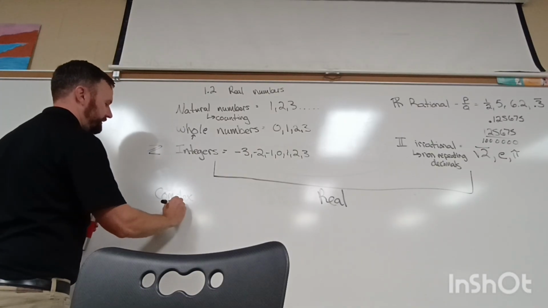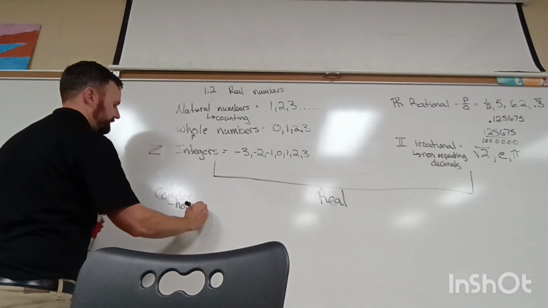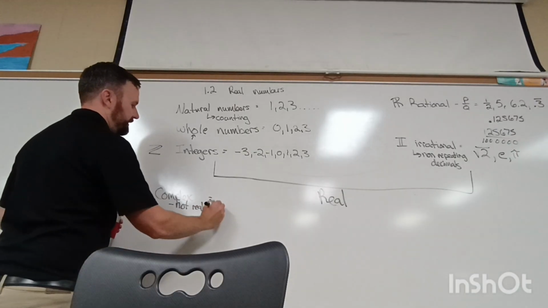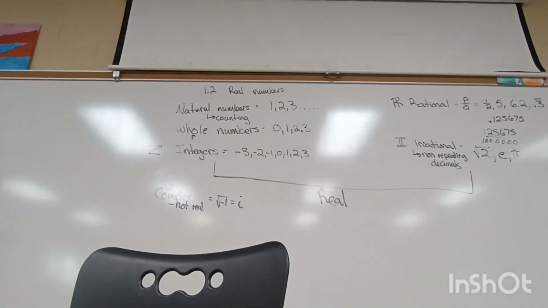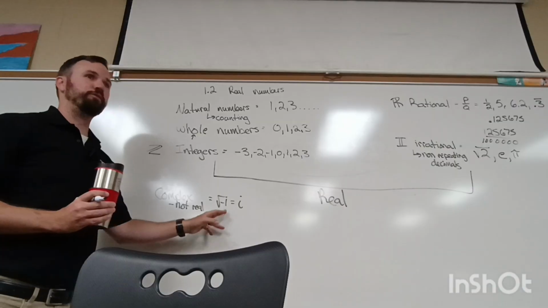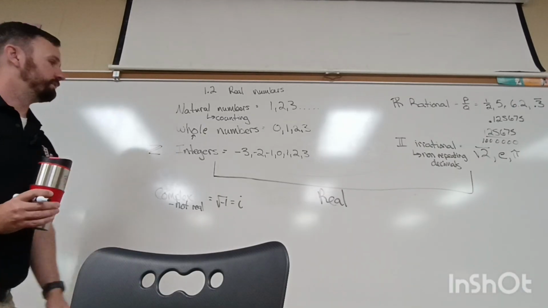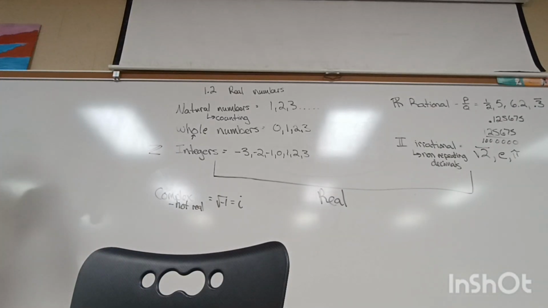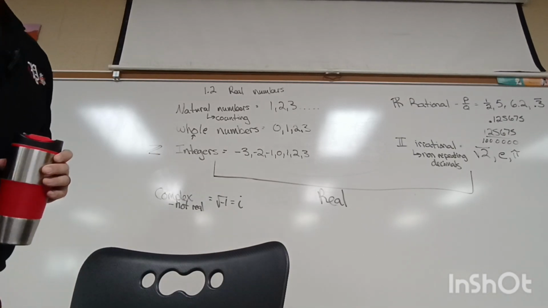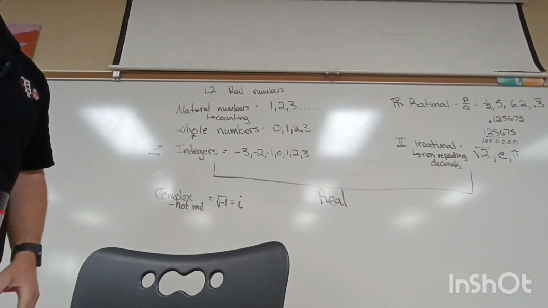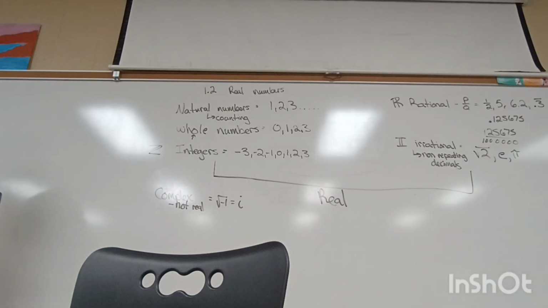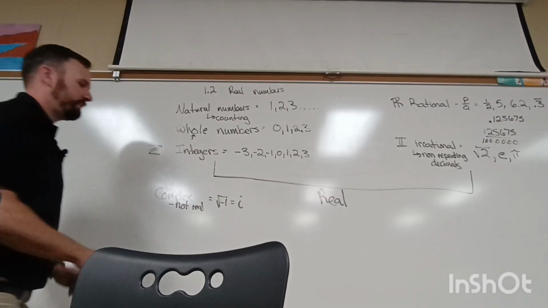Complex numbers are not real. And that's pretty much going to be square root negative 1, which is i. We're going to talk about that. I'm sure you guys talked about that in Algebra 2 at some point, complex numbers. We will hit on these in like 2 units. But yeah, that's my chart. Perfect. Yeah, let's do a few examples. So I love examples to get you ready for the homework set.